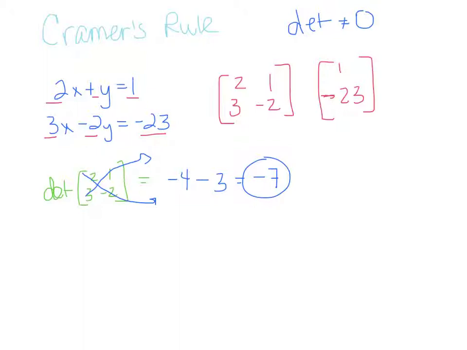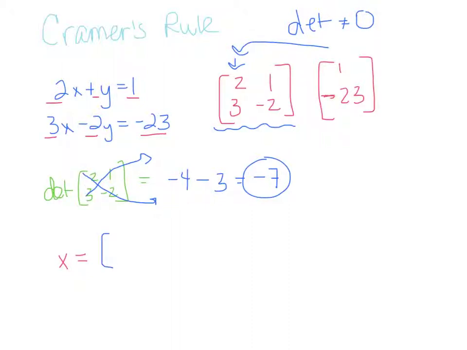So to find x, we're actually going to take the coefficient matrix and we are going to replace the x column with the constant matrix. So here's what that would look like.